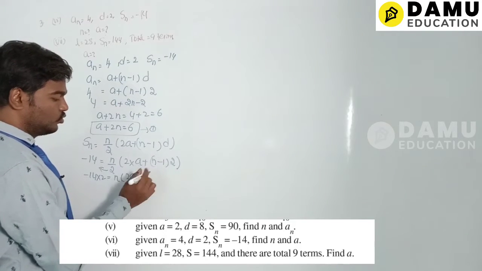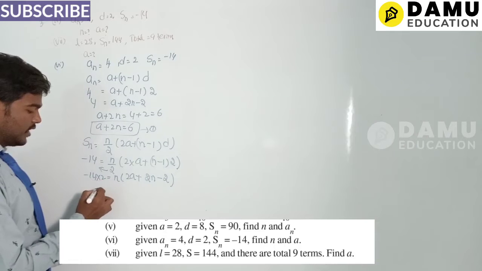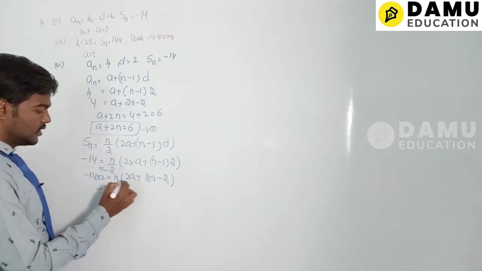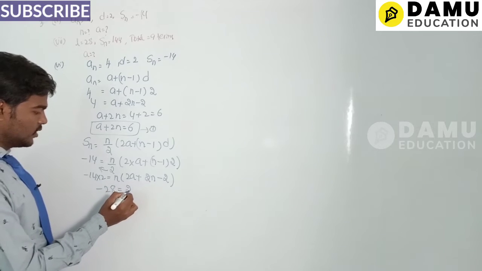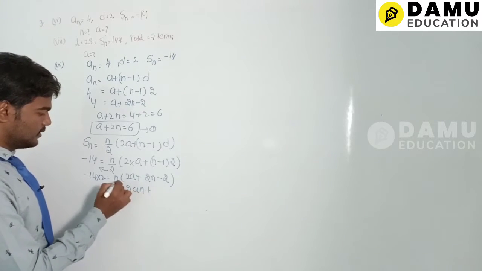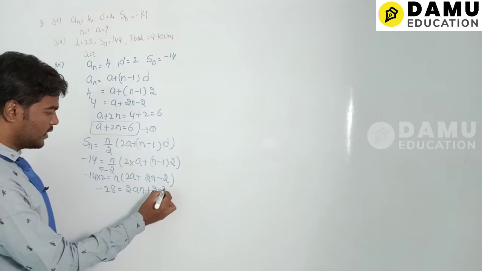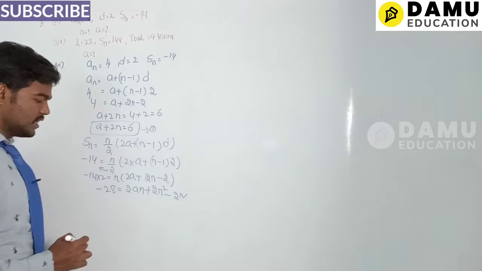So multiply with the 2, 2n minus 2. Then 14 2s are 28, minus 28. So 2an plus 2n square minus 2n.